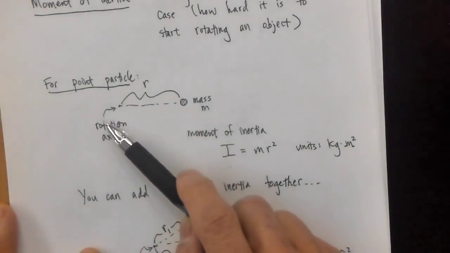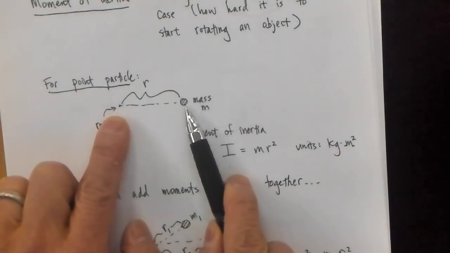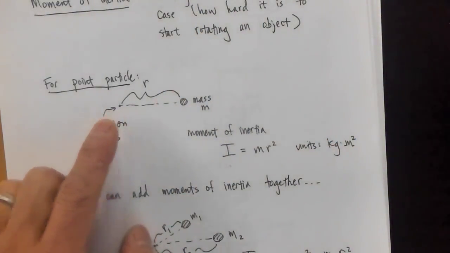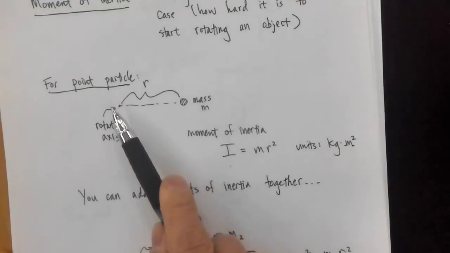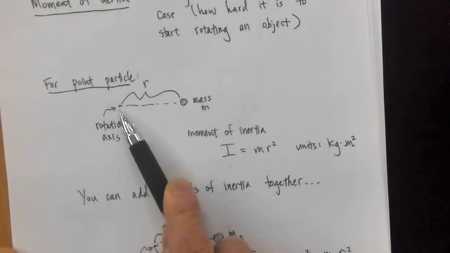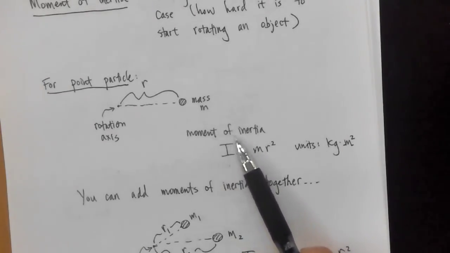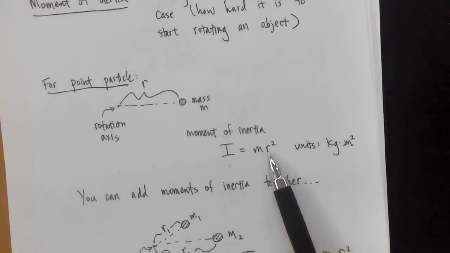So, first of all, for a point particle, let's say it's moving along, we can talk about the moment of inertia about this rotation axis. We just need the distance between that point particle and the rotation axis. That distance is r, and so the moment of inertia will be m times r squared.